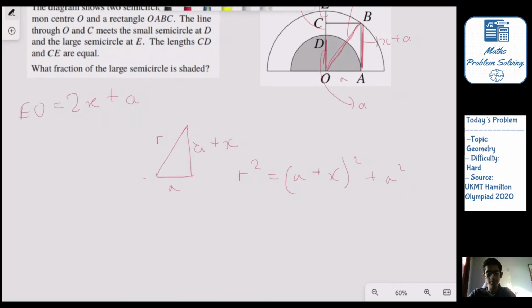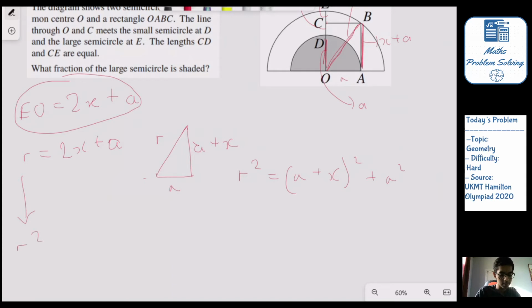Now we have one relationship between R squared, the larger semicircle's radius, and the smaller semicircle's radius. The next relationship we can derive is EO equals 2x plus A. So let's rewrite this as R equals 2x plus A. We basically just need to work through the algebra now.